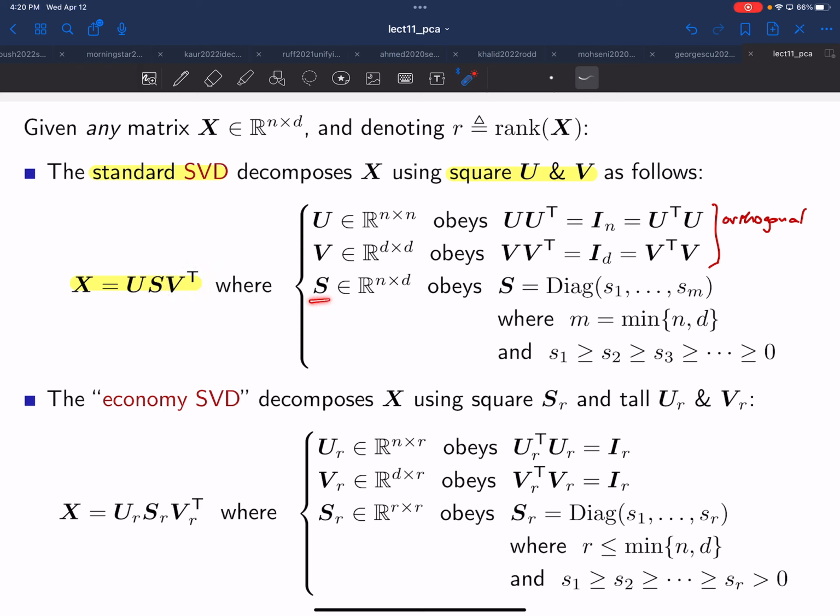So this S matrix is a diagonal matrix, and every element along the diagonal is positive. Moreover, they're actually sorted from big to small. So when you multiply a vector by S, all it does is scale each term without combining terms in any way, just scaling each term by a particular number.